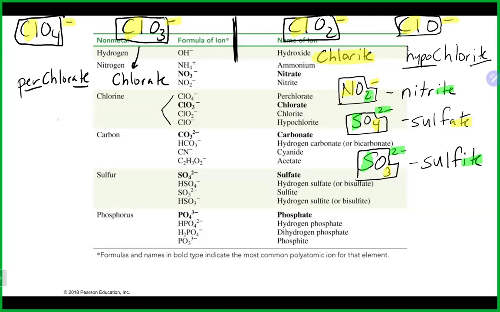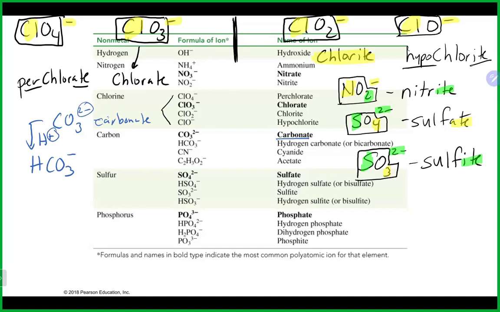Now, a couple other things that you will see on this chart, or a chart like this. For example, if we take CO3 2-, that is, as you can see here, carbonate. Sometimes we may put an H+ onto that, and that's HCO3. By the way, when I have +1 and -2 and I add that together, what am I left with? -1.